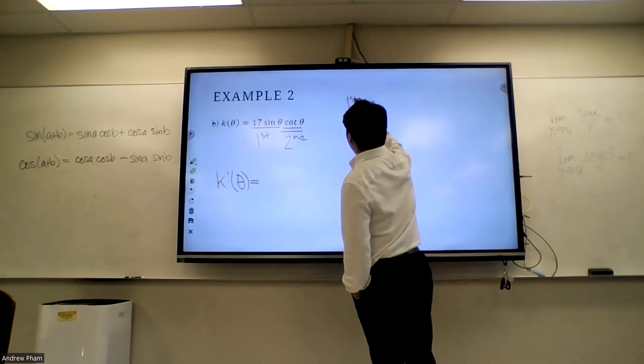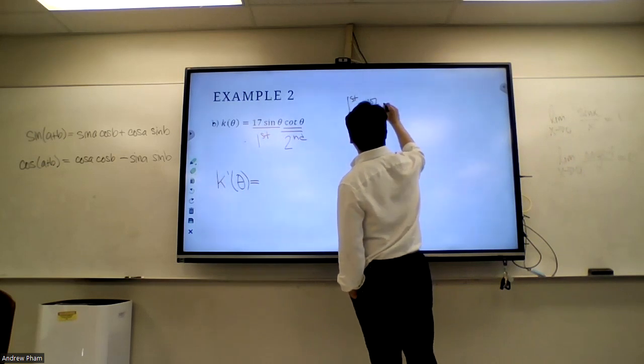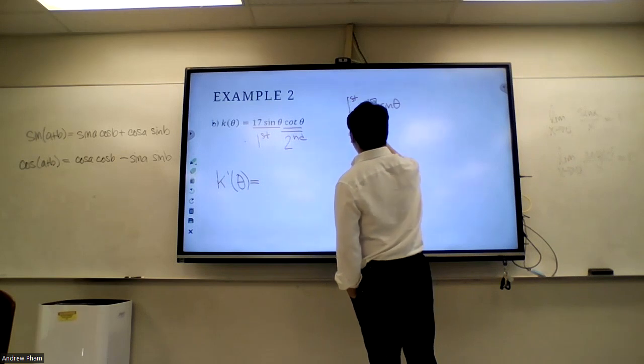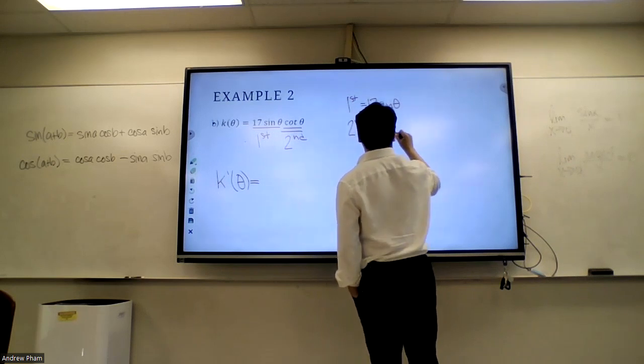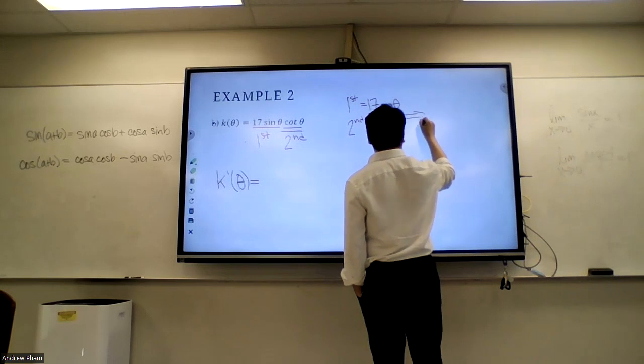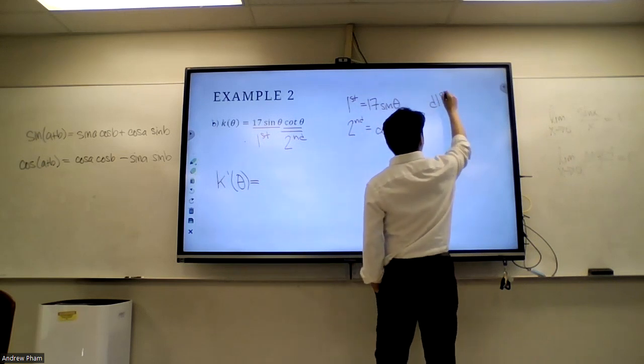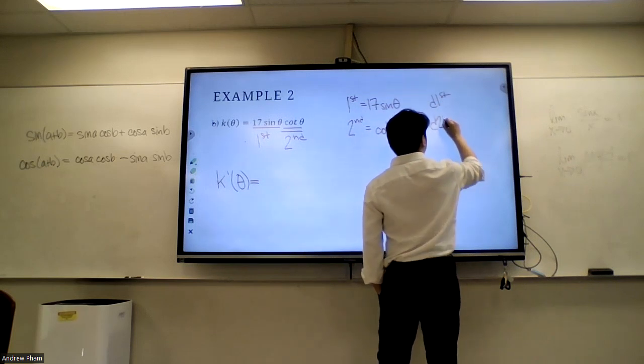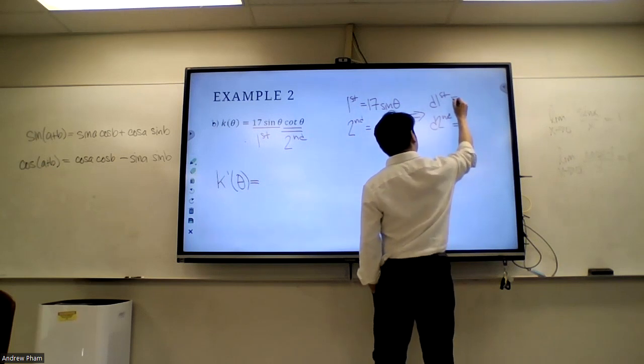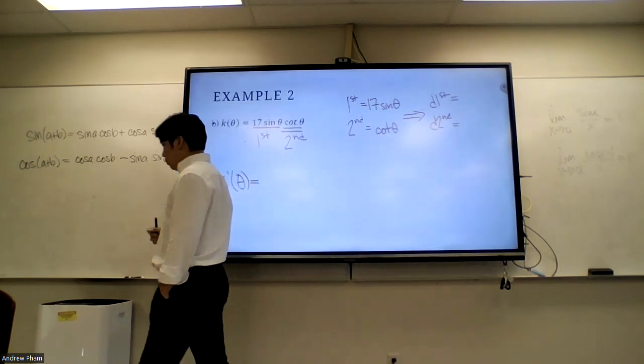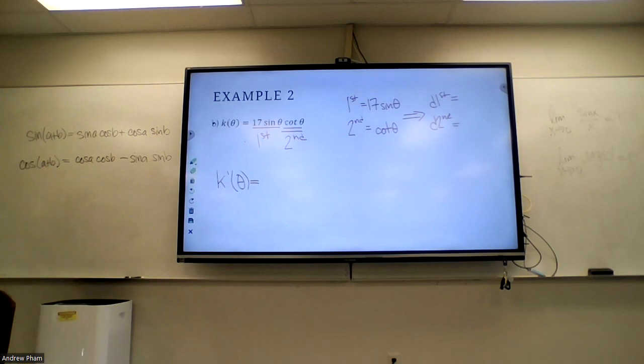We said first was 17 sine of theta, and second was cotangent of theta. So I need the derivative of both of these. So what's my d first, derivative of the first?